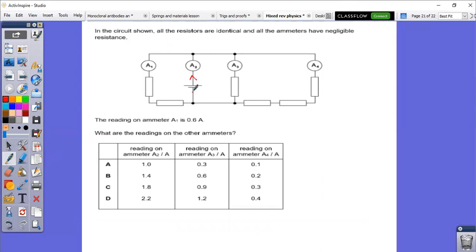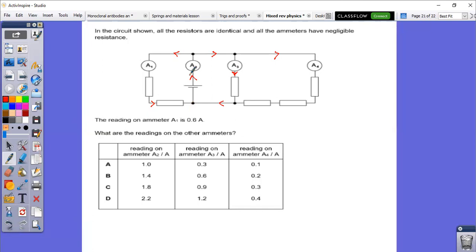Yeah, that's the current moving from the positive terminal. Some of it goes that way, some of it goes that way. Okay, it gets to that junction. Some of it proceeds this way, some of it proceeds that way. Okay, and they all come back like so and meet up at this junction back into the cell.